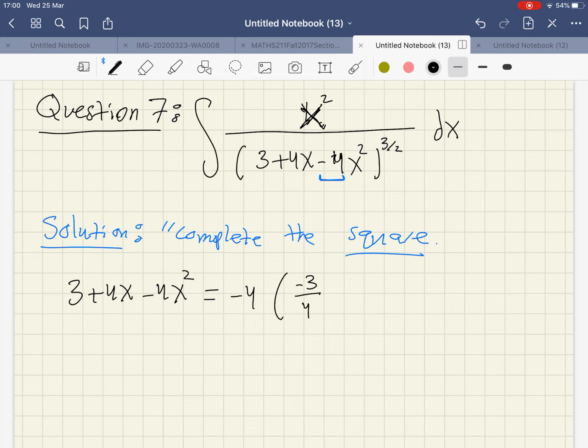will be negative 3 over 4, will be, I think, negative x. It will be plus x squared. The idea is to make it plus x squared. The next step, I want you to add and subtract something for me according to this formula here.